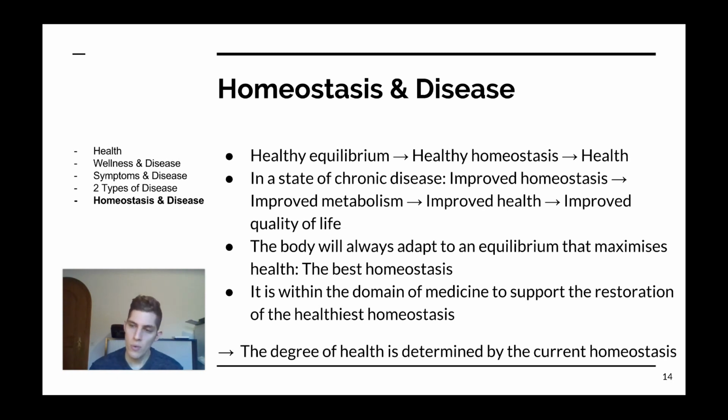So within disease, you have different homeostasis, and that will determine the degree of disease or health. Then the body will always adapt to an equilibrium that maximizes health, the best homeostasis. This is the basis of all medicine.